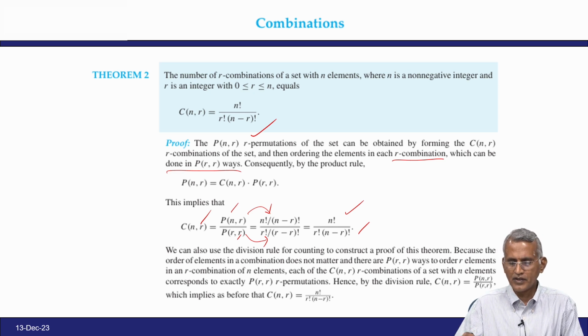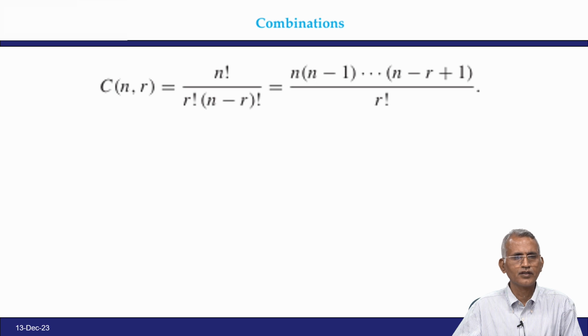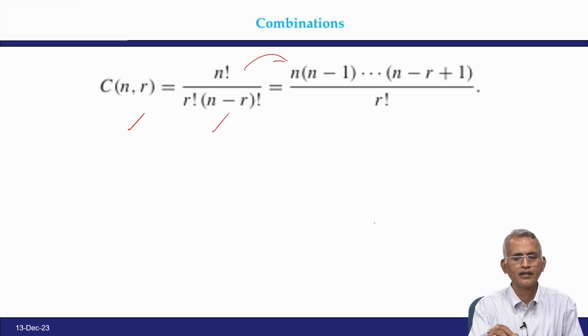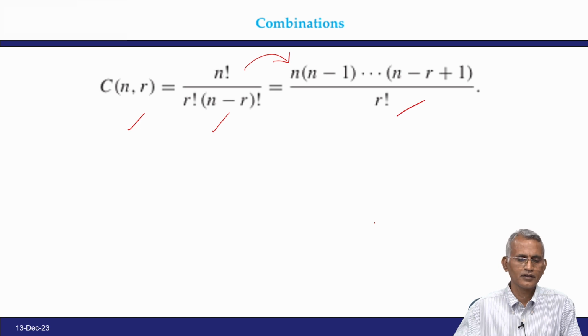Hence, the division rule says that nCr equals nPr by rPr. This implies nCr equals n factorial by r factorial into n minus r factorial, and then n factorial can be written as n into n minus 1 and so on up to n minus r plus 1, divided by r factorial.